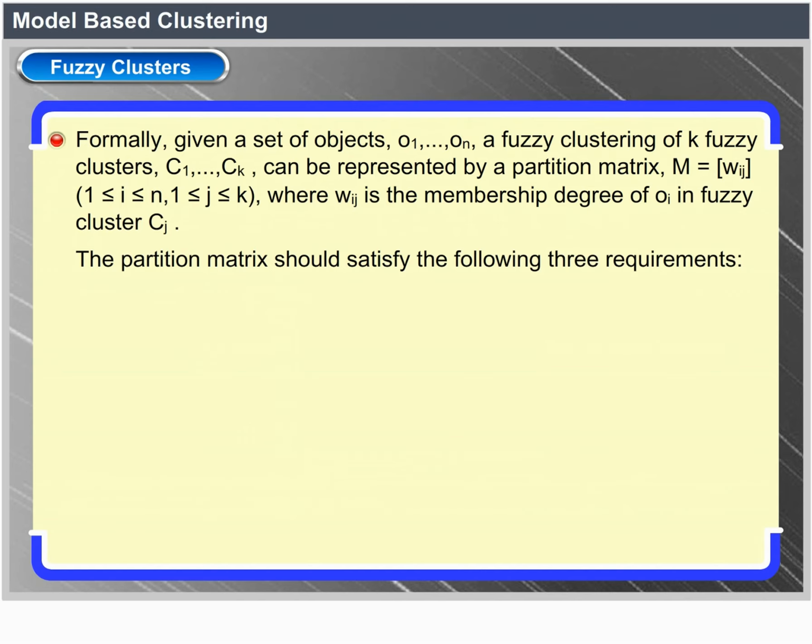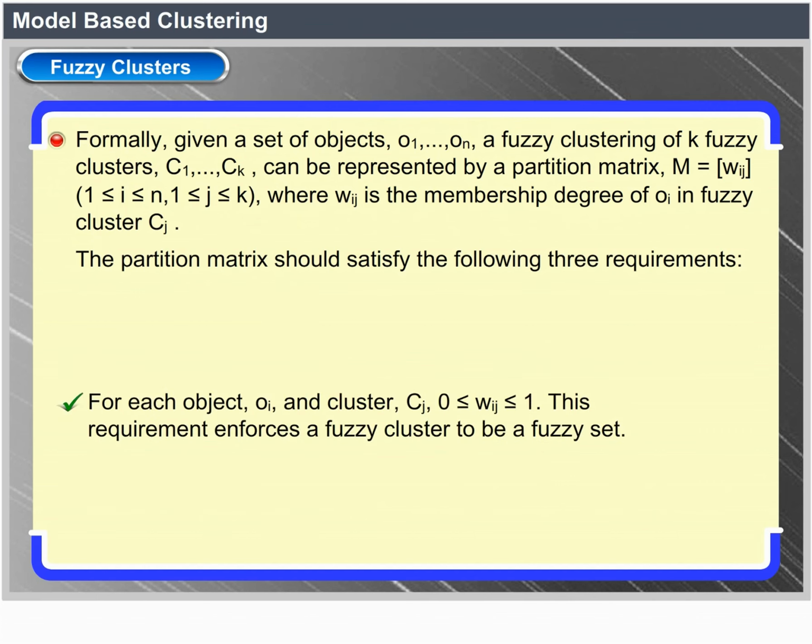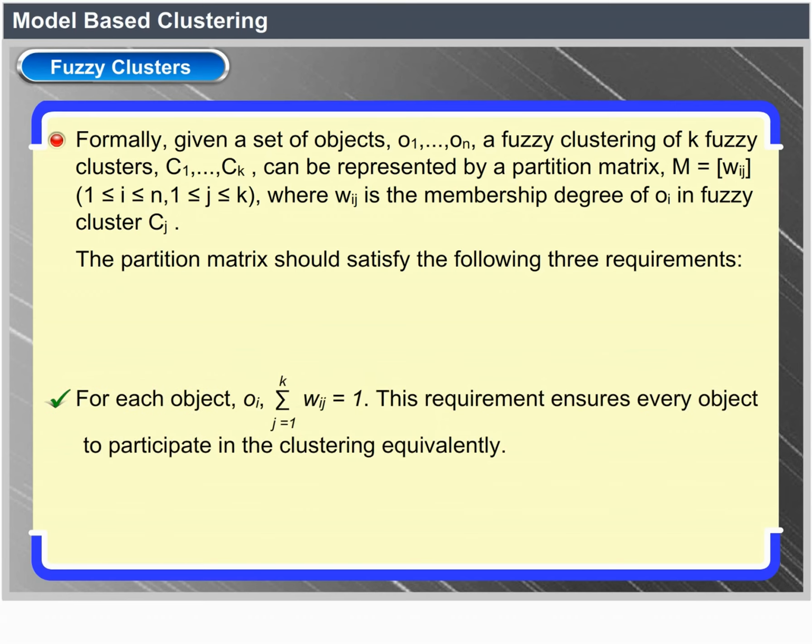The partition matrix should satisfy the following three requirements. For each object Oi and cluster Cj, wij lies between 0 and 1. This requirement enforces that a fuzzy cluster is a fuzzy set. For each object Oi, the summation over j equals 1 to k of wij equals 1.